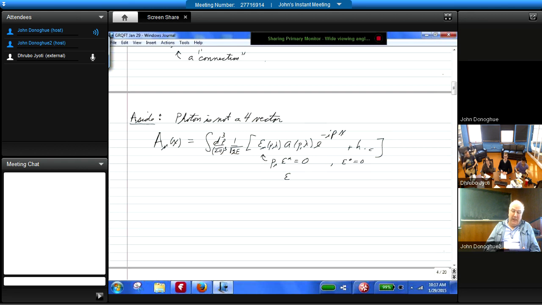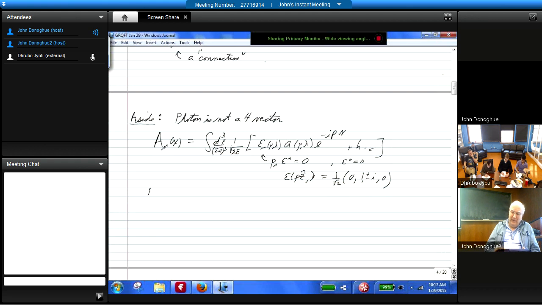So the epsilon, if you're moving along the z direction, is 1 over the square root of 2, (0, 1, plus or minus i, 0). Those are the transverse degrees of freedom, right?